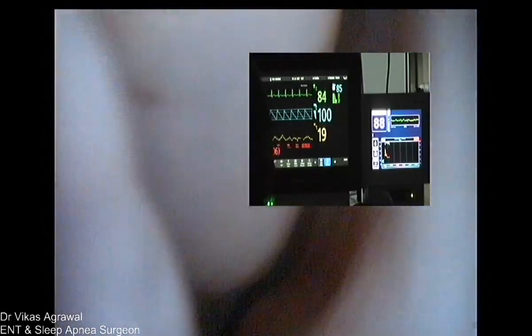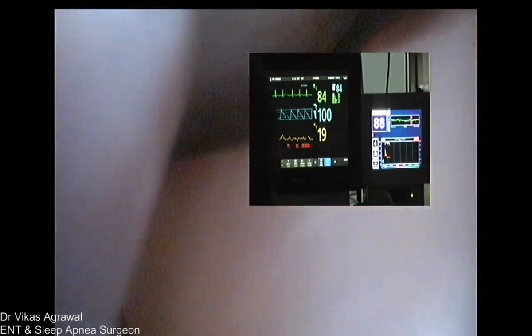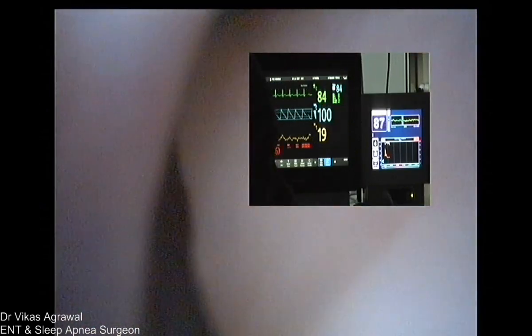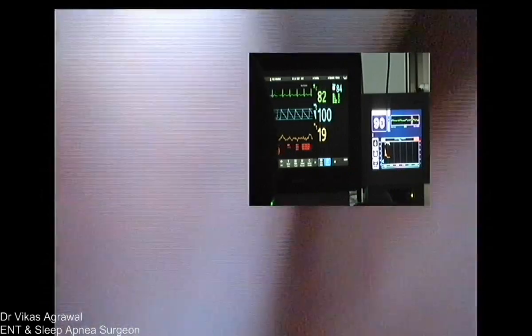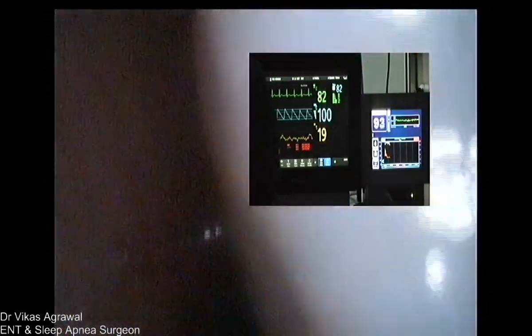If you see here, on the right side, there's a big spur, which is completely blocking the right nasal cavity here. This is the middle turbinate. So there's no space for us to go from the right side.